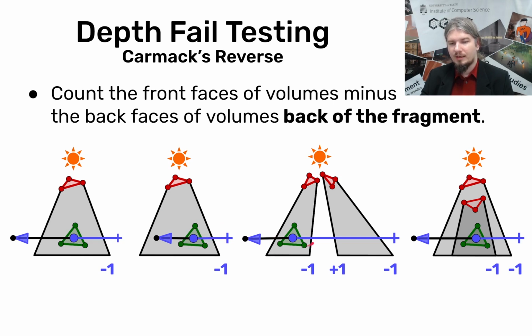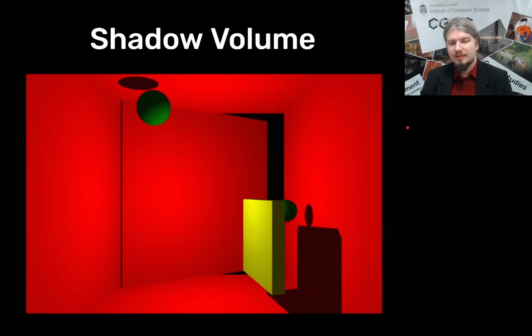Or over here, we could exit the volume once, enter another volume, exit another volume, we would still have this -1 counting this one exit. If our object would be in the middle here, then we would just have one entry and one exit of another shadow volume behind the object, meaning that this object would be illuminated. And this is the result you would get with the shadow volume algorithm.